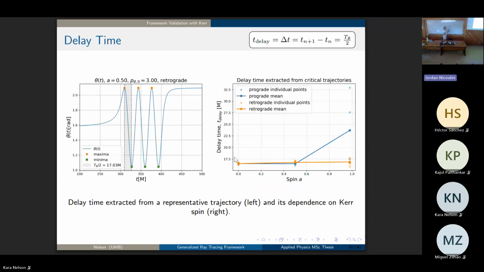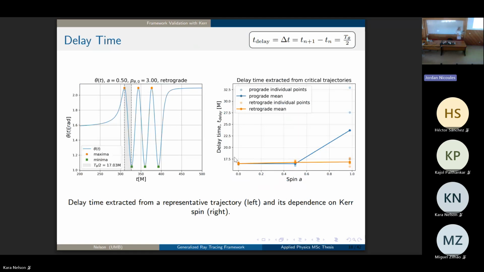Okay. So we also calculate delay time, which is the time between successive higher order images. We plot our theta, our polar coordinate, and look at a half polar oscillation and measure the time between that. So you can see the time between these higher order images.